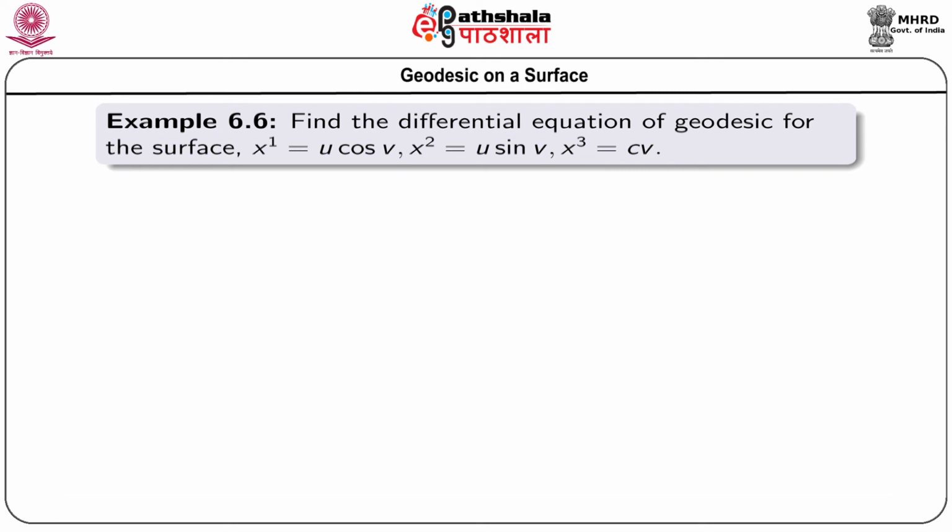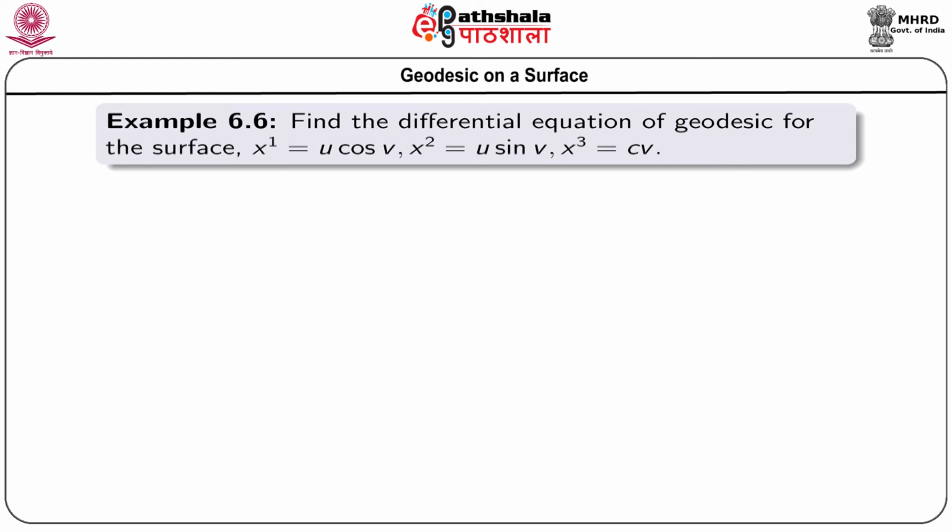Now, let us consider this example. We are trying to find the differential equation of geodesic for the surface x1 equal to u cos v, x2 equal to u sin v, and x3 equal to c v.